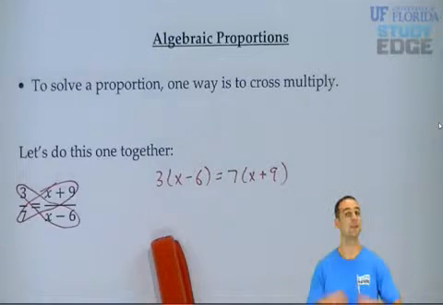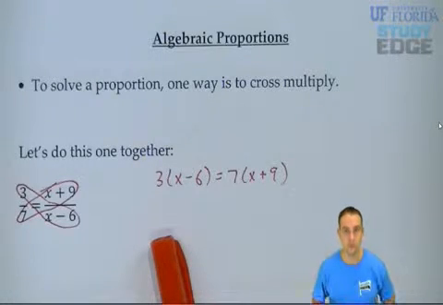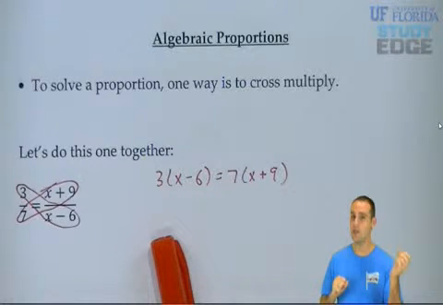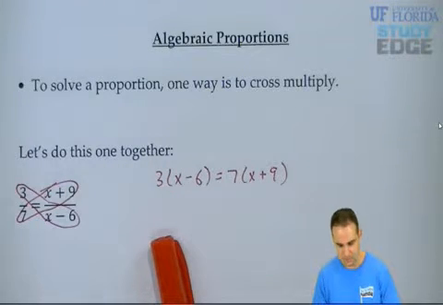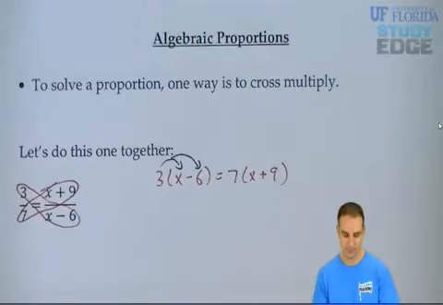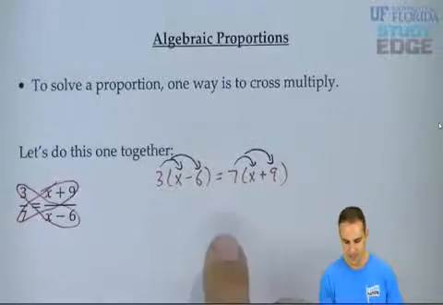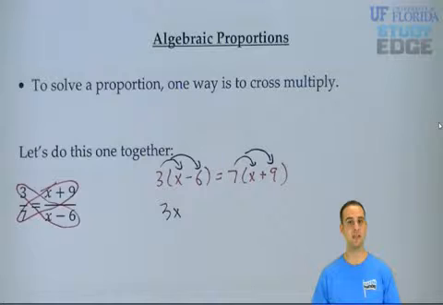Ready? You would distribute, combine like terms on either side of the equal sign, make sure your variables are on one side, your constants on the other, and then divide if needed. So here we go. We're going to start by distributing 3 times x and 3 times negative 6, 7 times x and 7 times 9. 3 times x will give you 3x, 3 times negative 6.